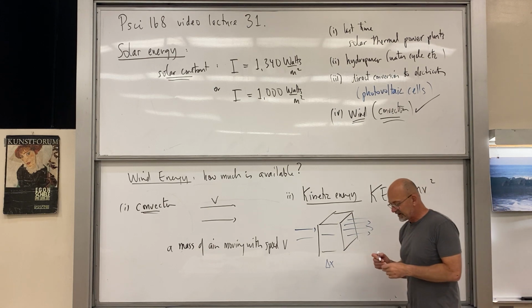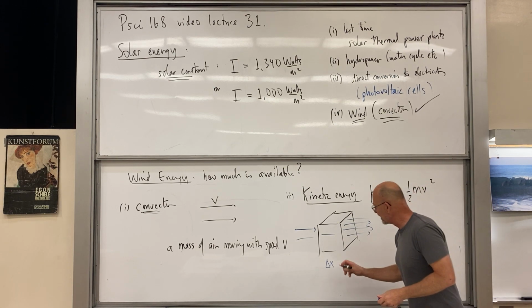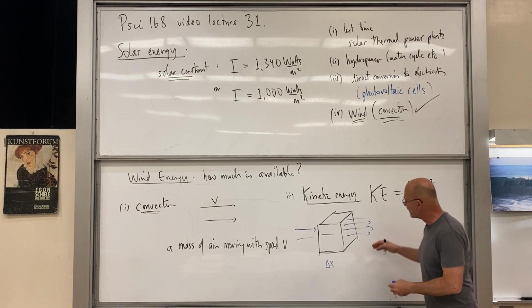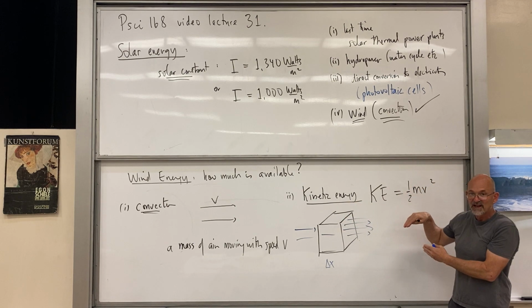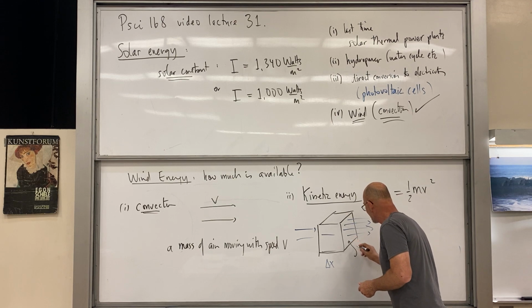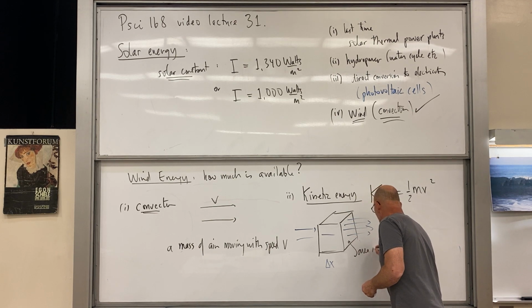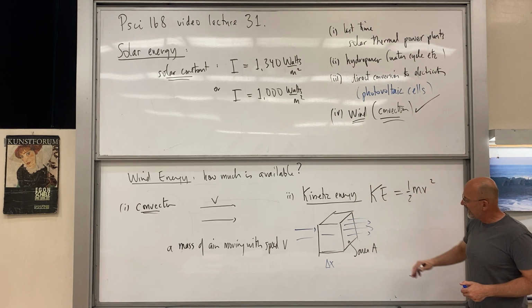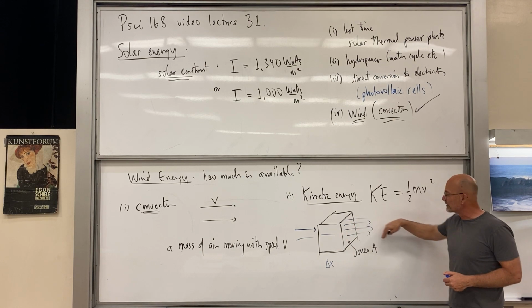So we're going to ask about the mass that passes through this front edge here. Right, there's an area A. So we're going to ask about the mass that passes through there.